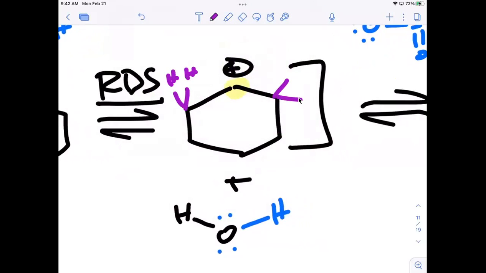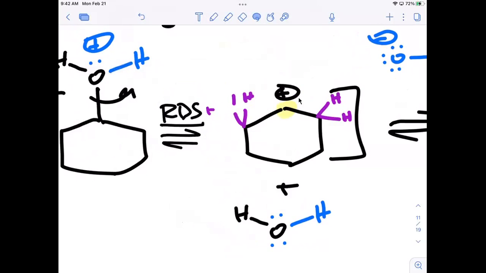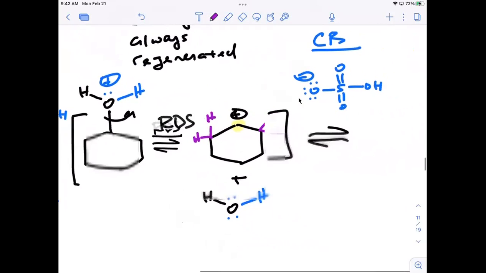That geometry is terrible. You have two protons over here. So I can fix that. They're all equivalent, so it doesn't matter which one I pull off. Now, it would matter if this ring was substituted, but since it's not, it doesn't matter.